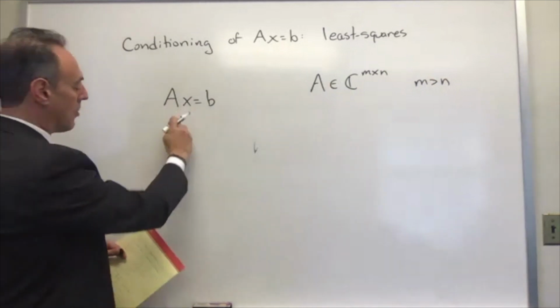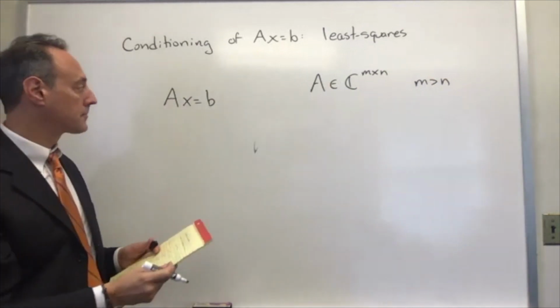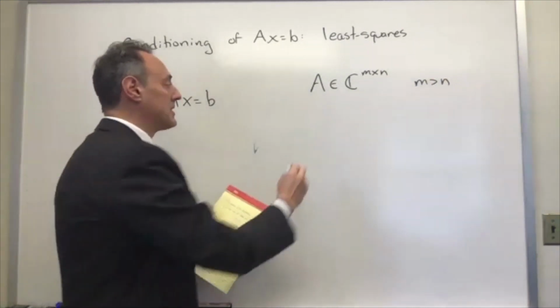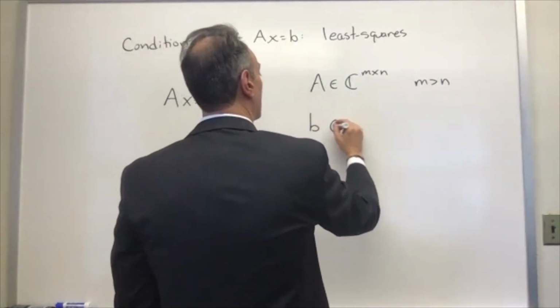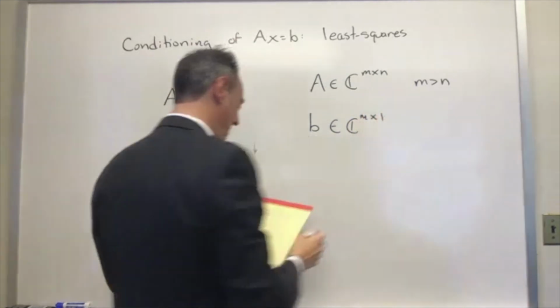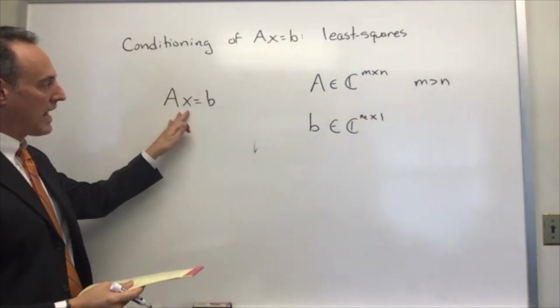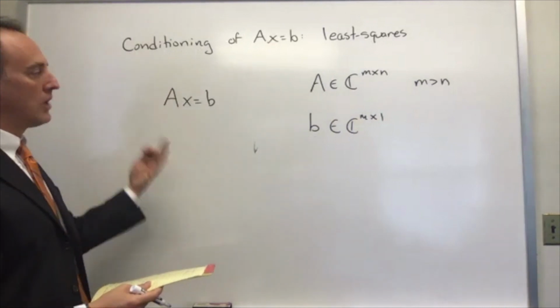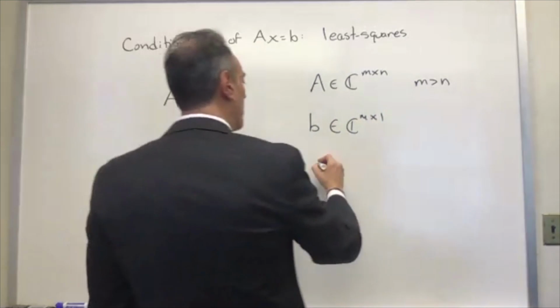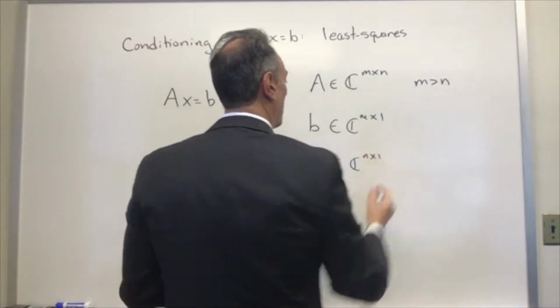So in other words, more constraints than unknowns. That's the overdetermined part. B itself, of course, is a vector, which is m by 1. And the solution x here is what I'm trying to discover or compute, and x itself will be an n by 1 vector.